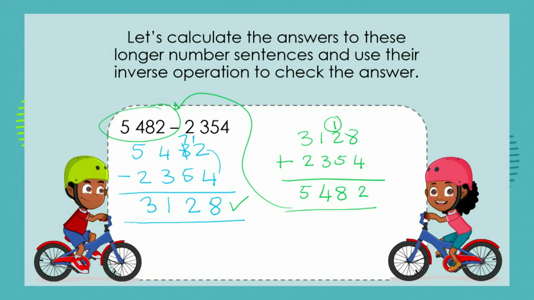Right, let's try this one more time. Remember, switch first to the calculation, then switch the numbers around and switch the sign to the opposite sign and check your answer. Let's do this.